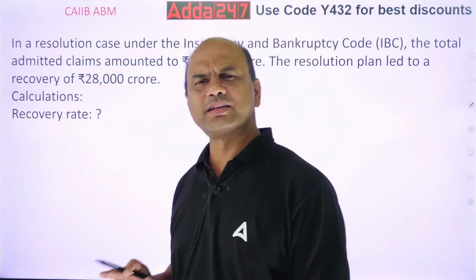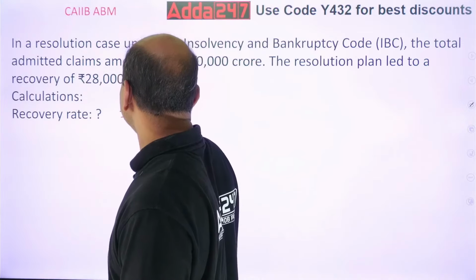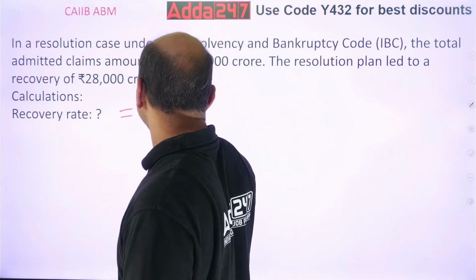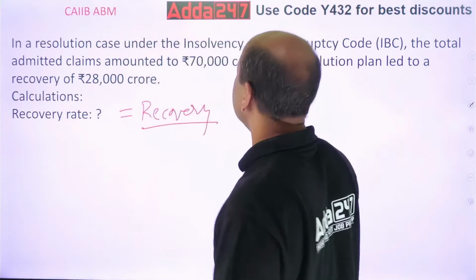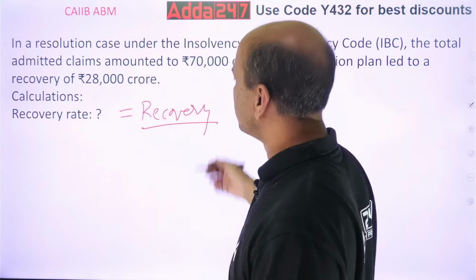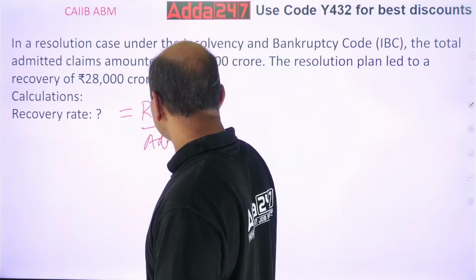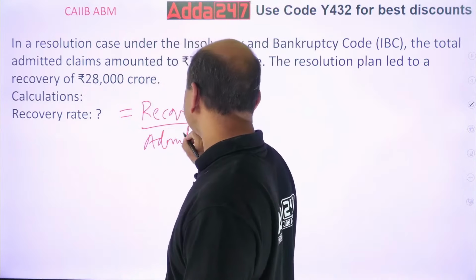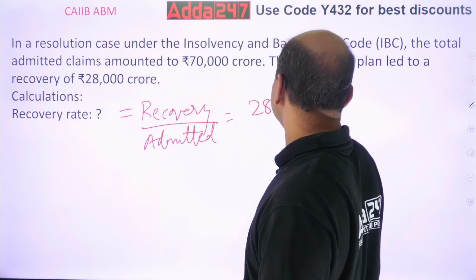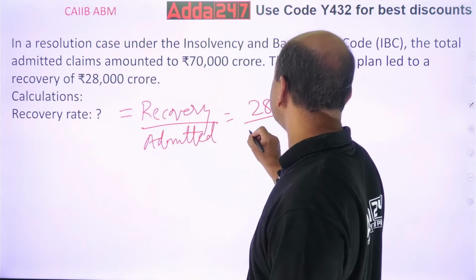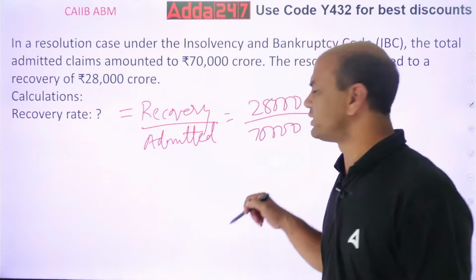Recovery rate is very simple. What is my recovery upon the total admitted claims? So that is simple, isn't it? 28,000 divided by 70,000.